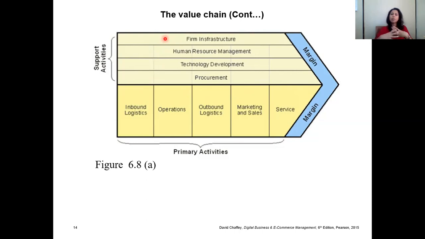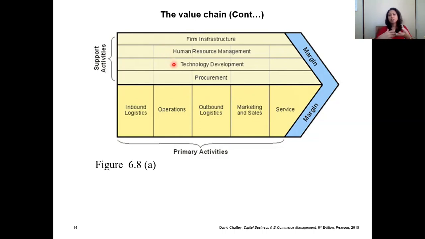Here we consider activities such as accounting and finance, general management, then strategy development. Those kinds of things come under firm infrastructure. Then under human resource management, we consider recruitment, selection, training and development, performance evaluations, and career succession planning. All these things come under human resource management.